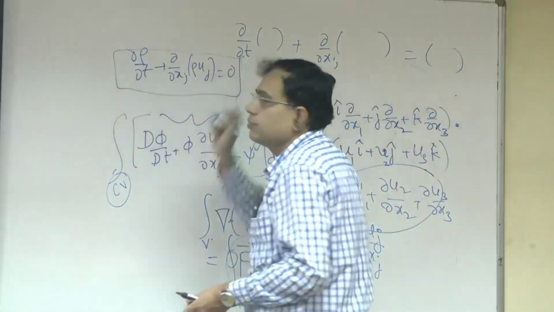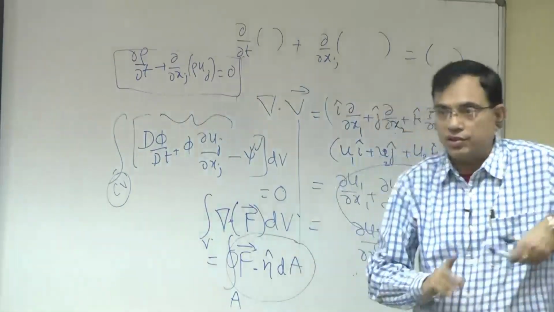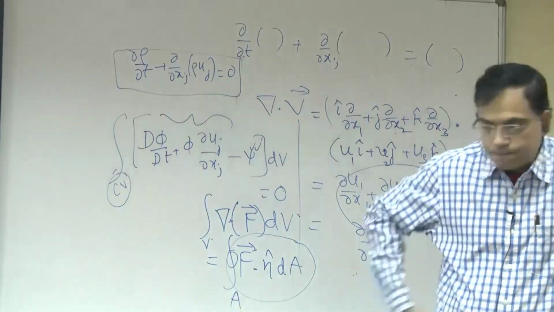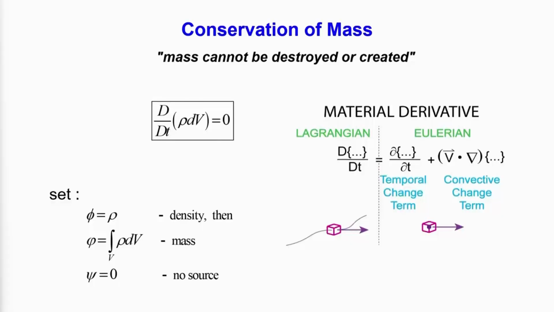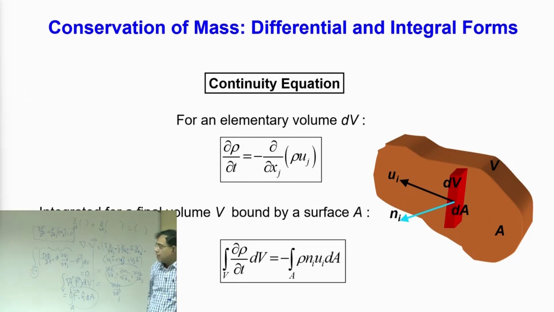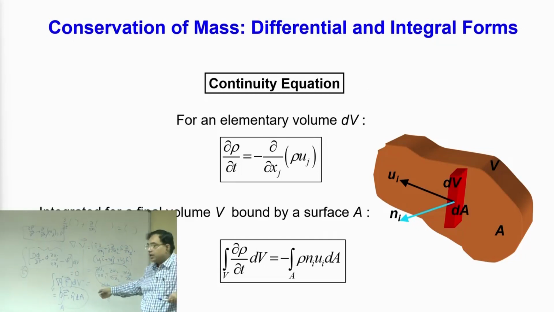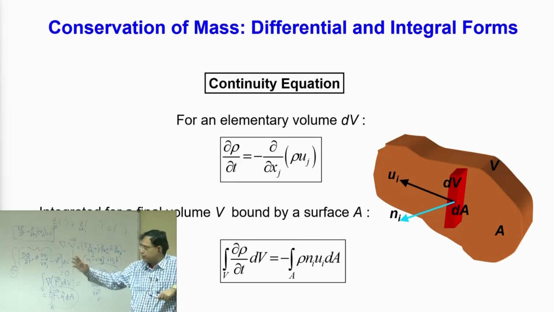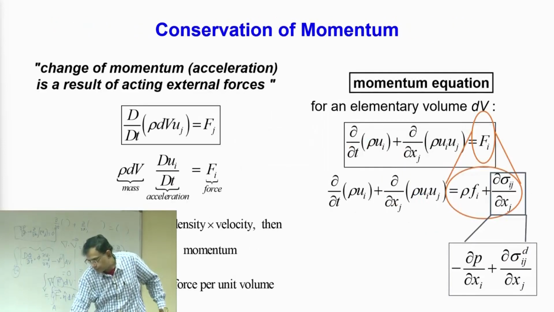This is your continuity equation, conservation of mass. You can write its differential or integral form. The differential form I have just written, and you can integrate it over the volume and convert the volume integral to an area integral using the Gauss divergence theorem. So, you can write either way.